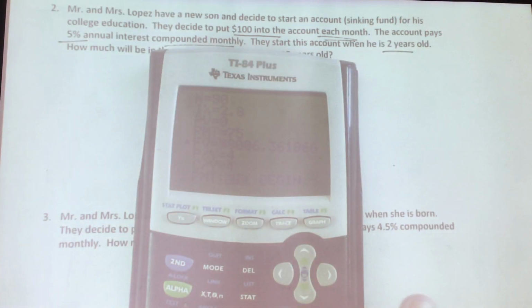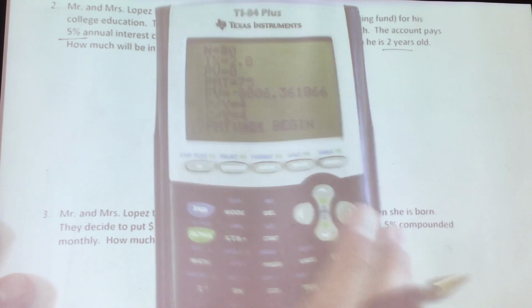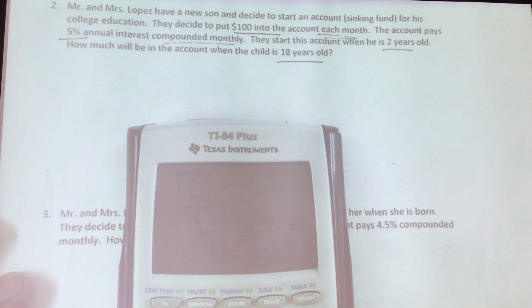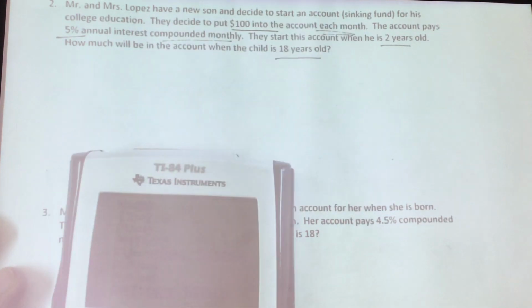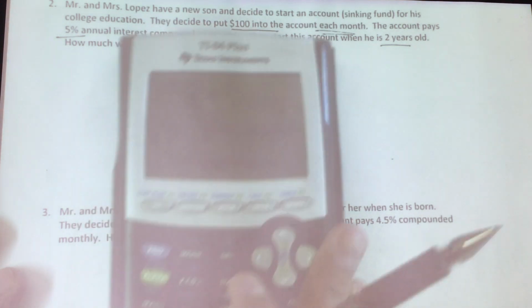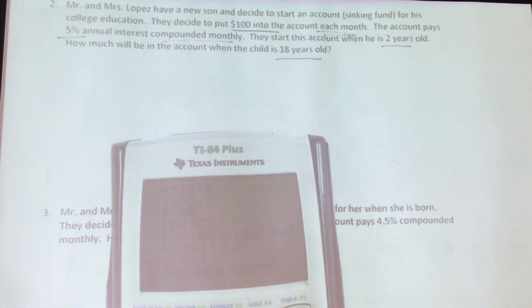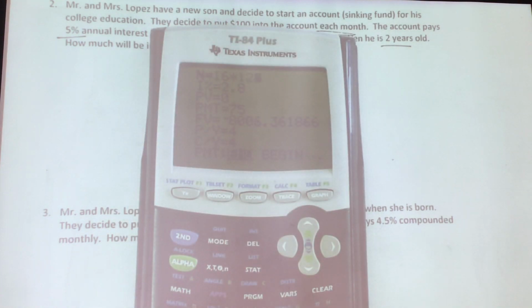So again, getting our calculator, Apps, Finance, TVM Solver. So N is the time, which is 16. He started at 2, and they withdrew the money at 18. So you've got 16 times compounded monthly, 16 times 12. I is your interest, which is 5%.